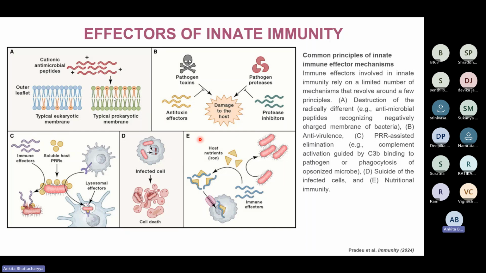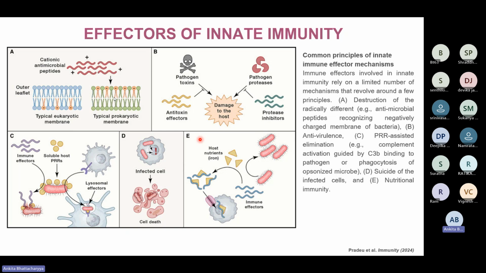The second one is antivirulence. When we say antivirulence, it is because some pathogen has released some toxins, some proteases, or some antitoxin effectors, etc., which cause damage to the host.